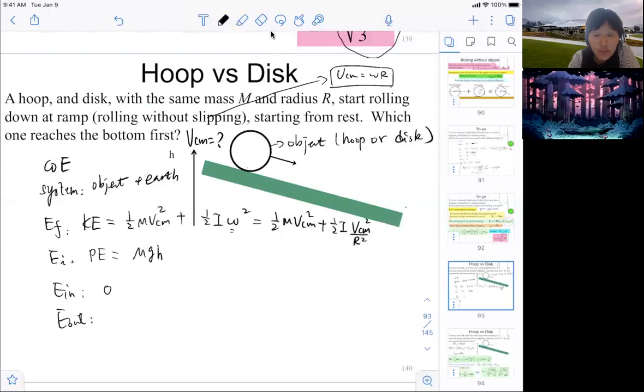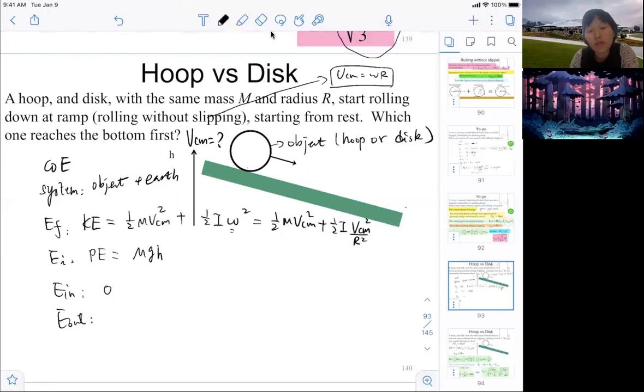Very good, and it's no slipping, right? Kinetic means you need to slip, you have to rub across the surface. So no slipping, no kinetic friction. And it's really just the static friction, because we know without that, it's not going to roll.